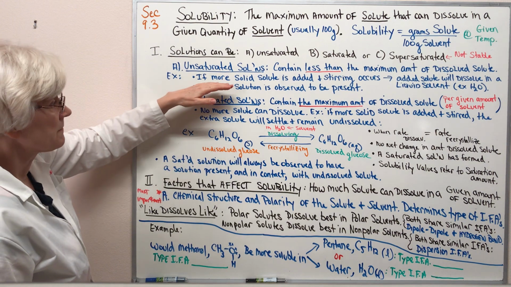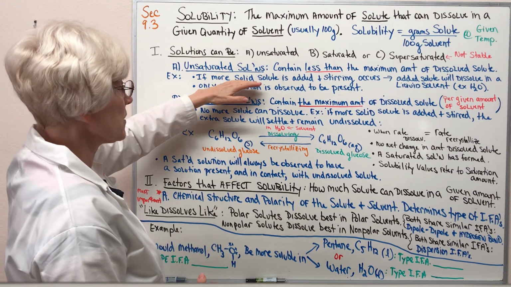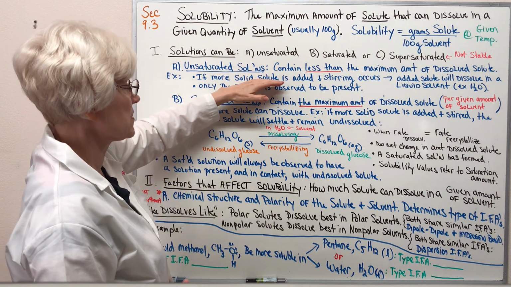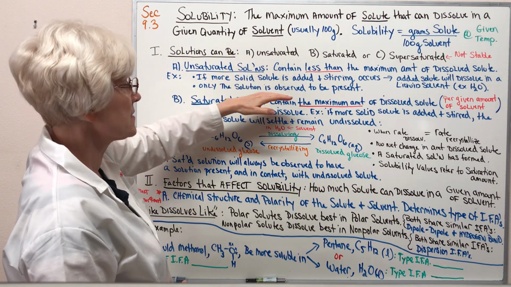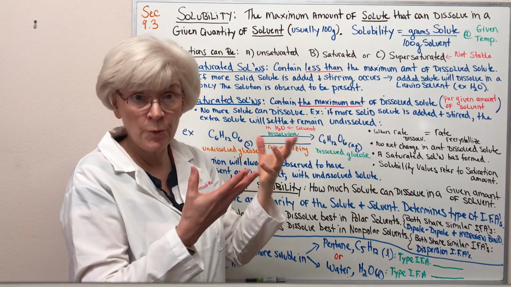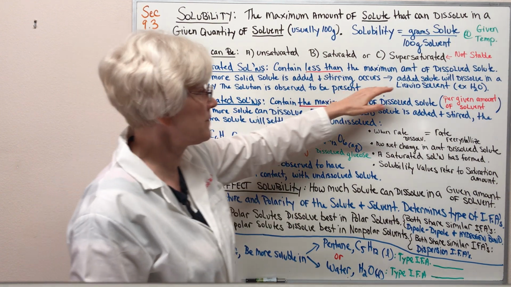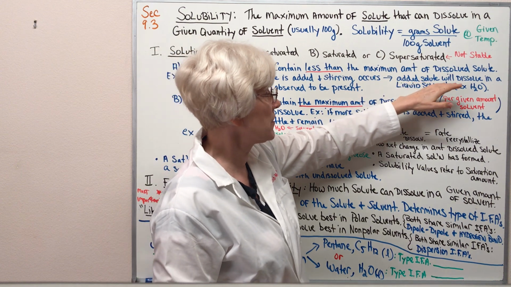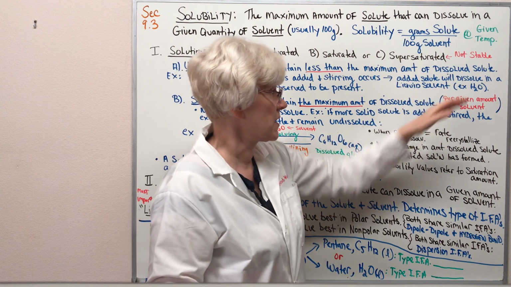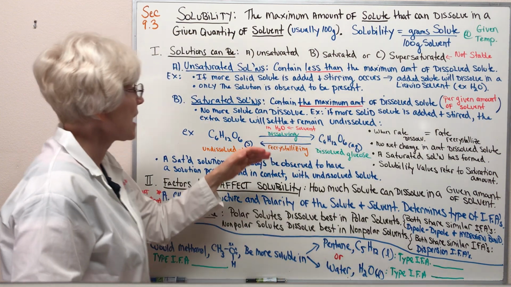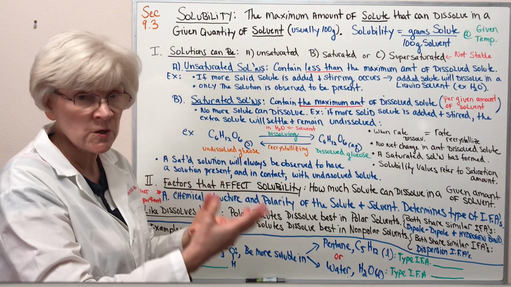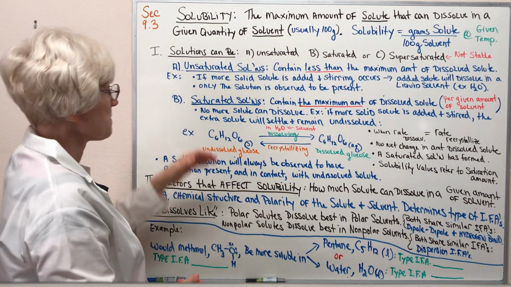So what that means is that, for example, if you're looking at a solid solute and you add more of the solid solute to an unsaturated solution and you stir, what will you observe? What will your eye see? You will see the added solute dissolving in a liquid solvent, for instance, such as water. So with unsaturated solutions, you can add more solute and observe dissolving taking place.